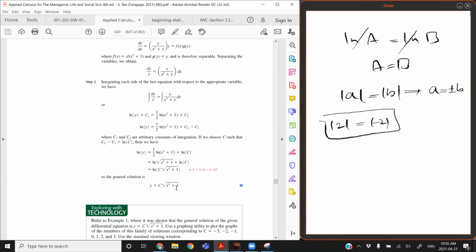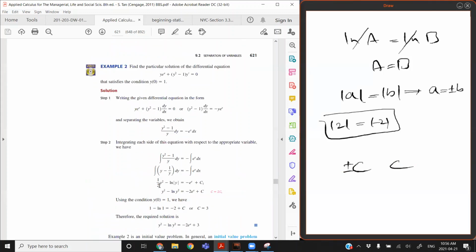They could be the same, or one could be the negative of the other one. In this case, we don't need that plus and minus before the c, because c is an arbitrary number. If c is an arbitrary number, then plus minus c is also an arbitrary number. So you might as well just write c.